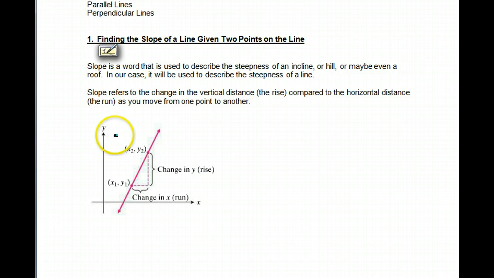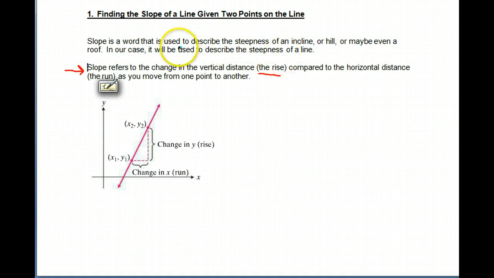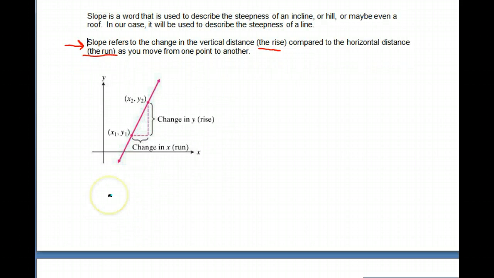Slope refers to the change in vertical distance, which we refer to as the rise, compared to the horizontal distance, which we refer to as the run, as you move from one point to another on a line. So the graphic that we have here shows what I'm talking about.